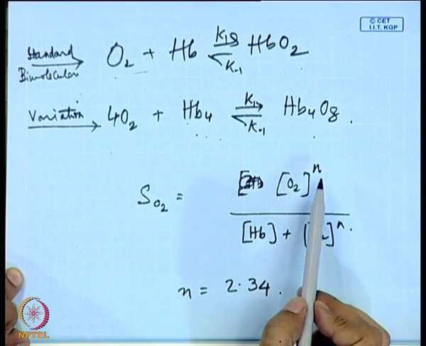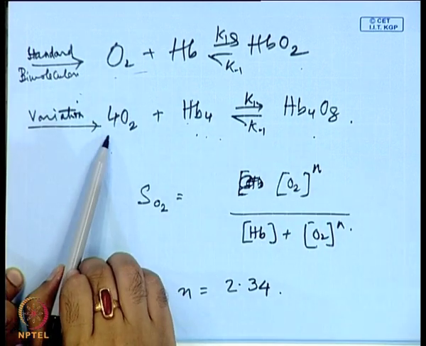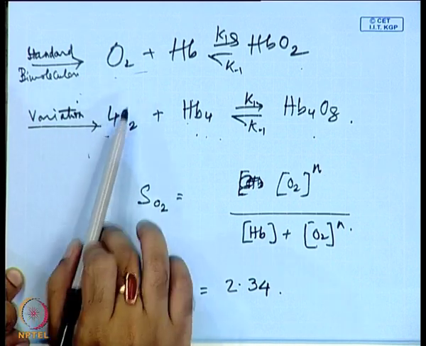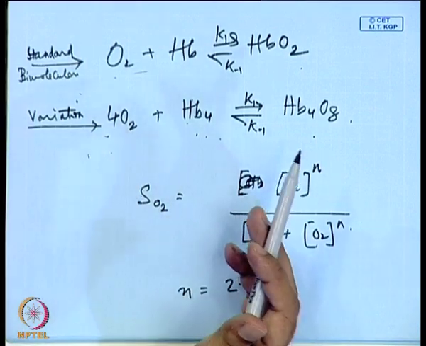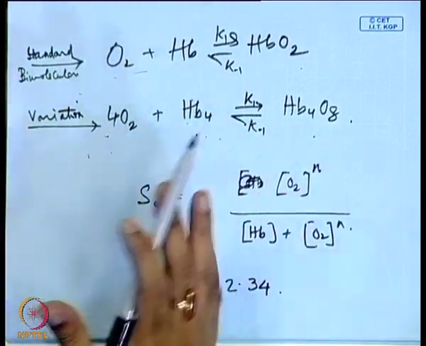Which means that it is neither 4 molecules nor 1 molecule, but some fractional molecule reacting with hemoglobin. What does it imply? Is it that 2.34 molecules of oxygen are reacting with hemoglobin? Of course not. What it means is that there is cooperativity between the molecules.